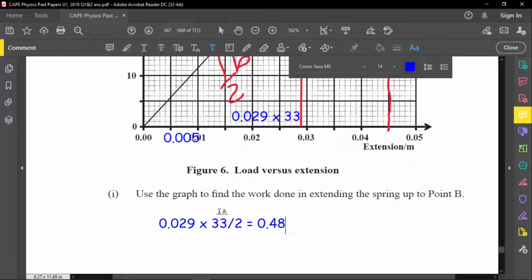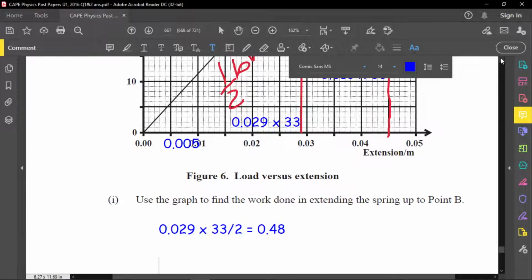The next part is the rectangular part, which is base times height, and let's go back to the graph to see exactly what those numbers are.